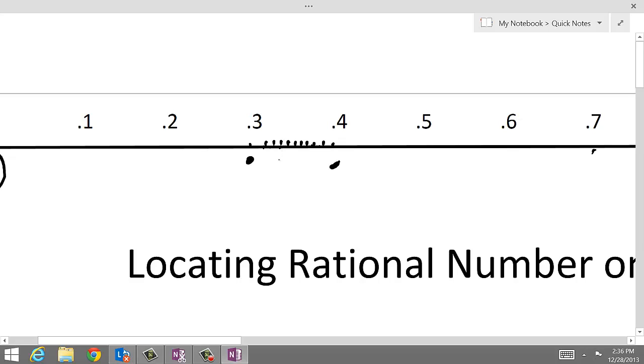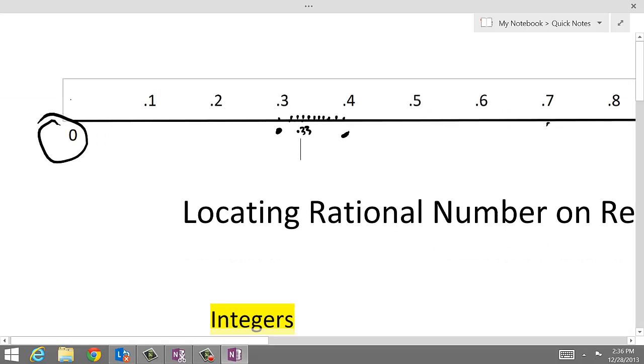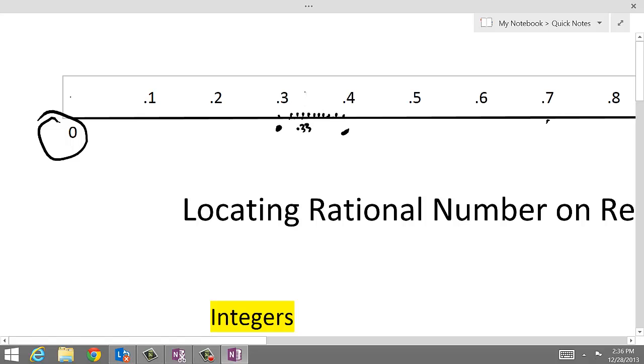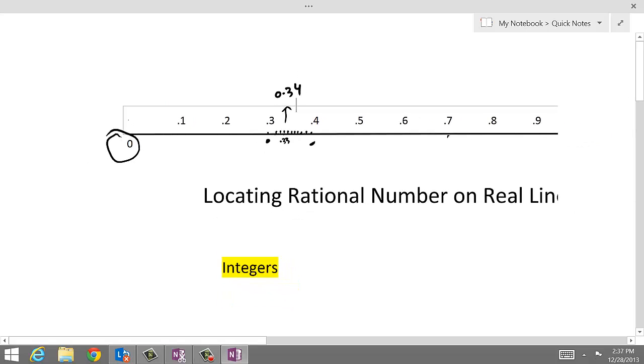This would be 0.33. And we can continue with divisions within divisions within divisions. If we were to locate our number, 0.34 would be right here.